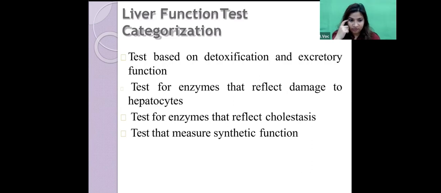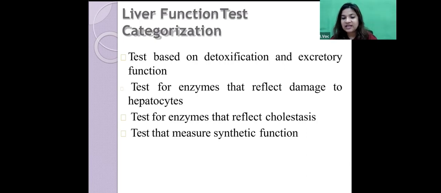Then formation of bilirubin diglucuronide is also assayed. For that, we have to estimate the serum bilirubin in the body, both directly and indirectly. Icteric index is calculated. Van den Bergh reaction is performed to check the presence of bilirubin in the body. Then urinary estimation of bilirubin and urobilinogen is also performed.